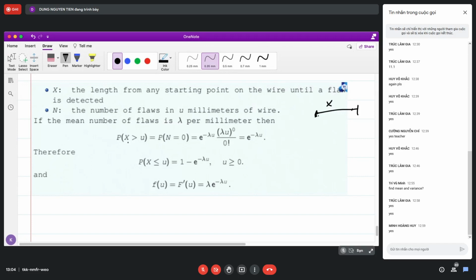What is that? The probability that X is more than u is the probability that you find no flaws in this part of the wire. Do you understand? Is that clear?